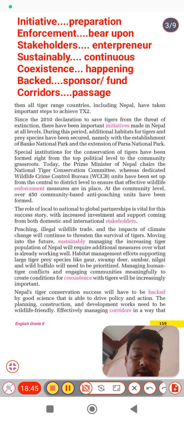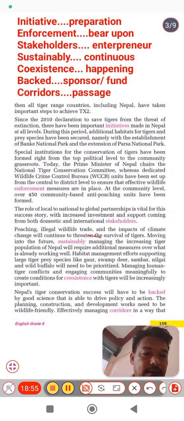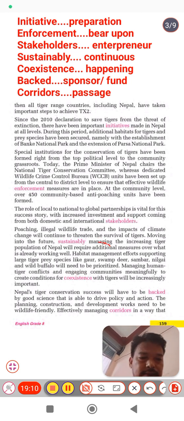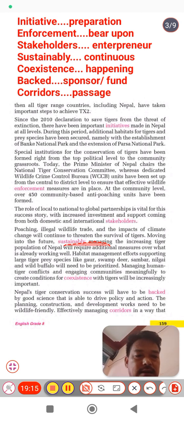So why is there a threat to the tiger? This is the reason behind that: because of the hunting, poaching, illegal trade of wildlife, and the sudden climate change. These are some of the factors, the reasons. Because of these reasons, tigers are under threat. And moving ahead in the future, some important initiatives should be taken so that this increasing number of tigers will be sustained for a long time.